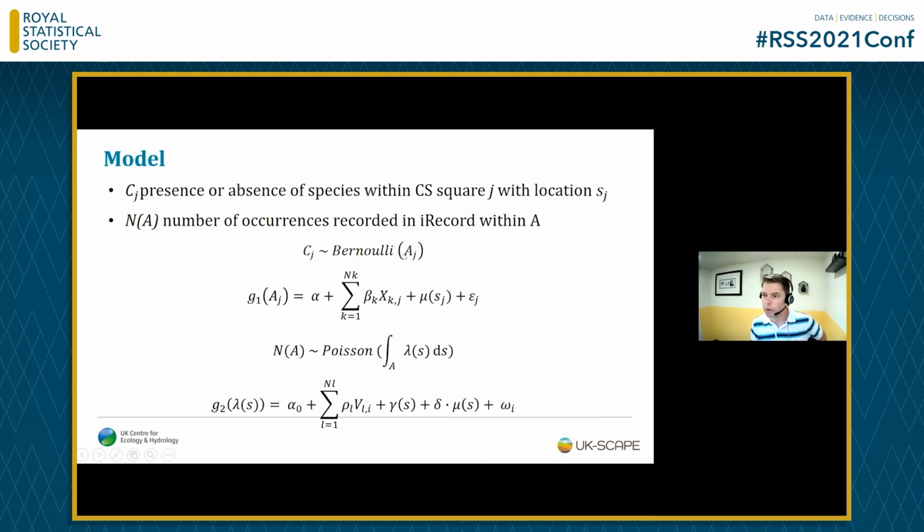So our model, and I'm not going to go into too much detail here, but essentially we've got two components modeled here. So we've got the top 2 bits. Hopefully you can see my mouse.